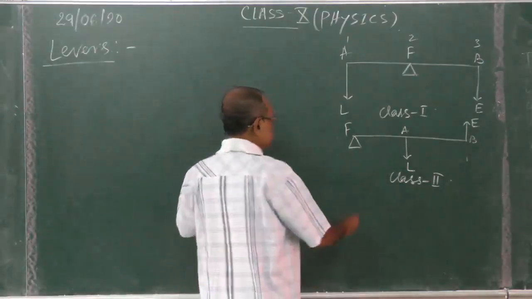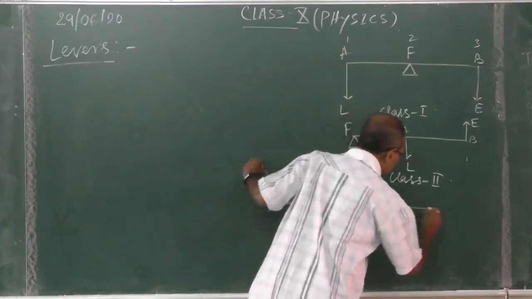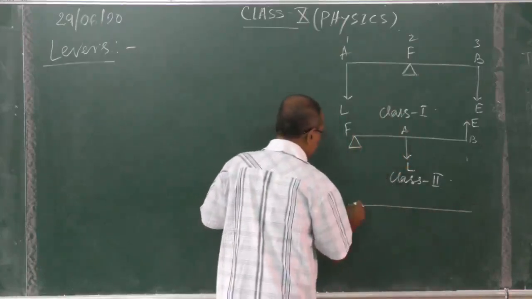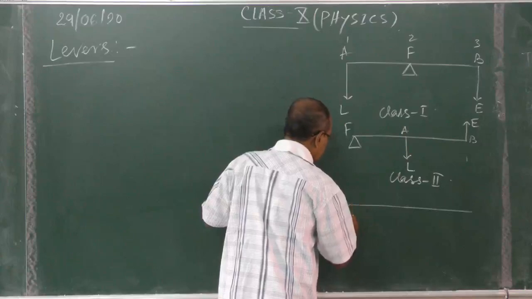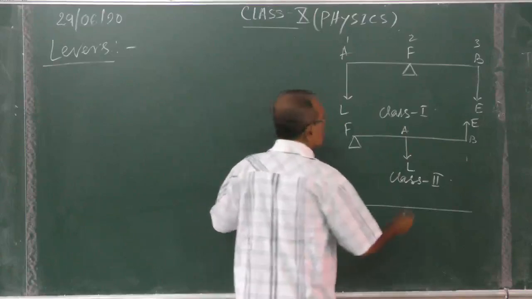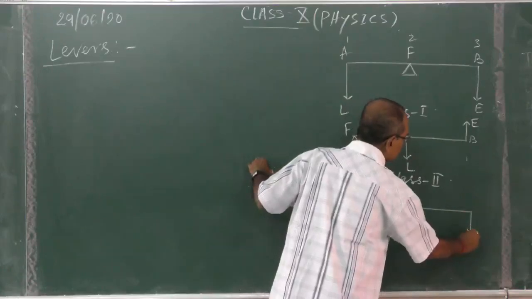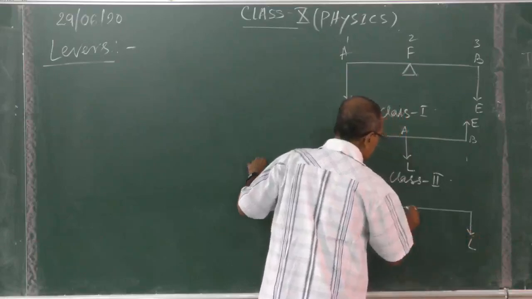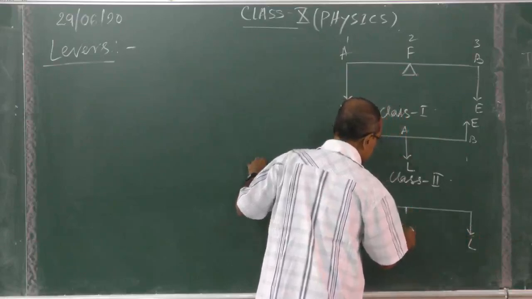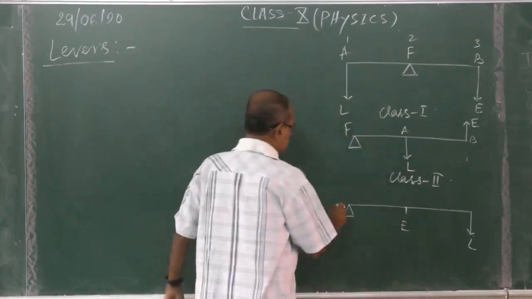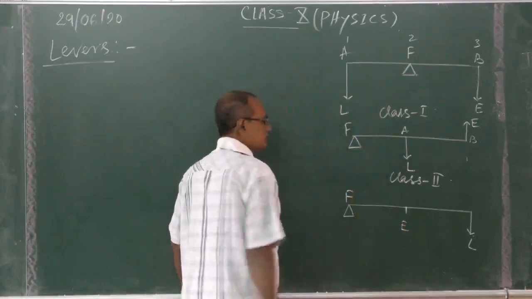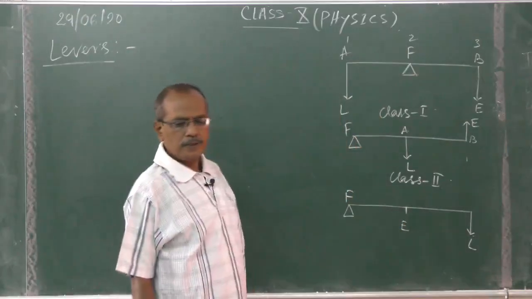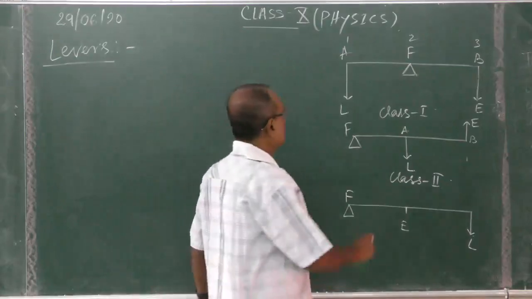Class 2 lever or lever of second order. Next is, here again fulcrum. Now load is going there. Effort is here. This is fulcrum, F. Now AB.